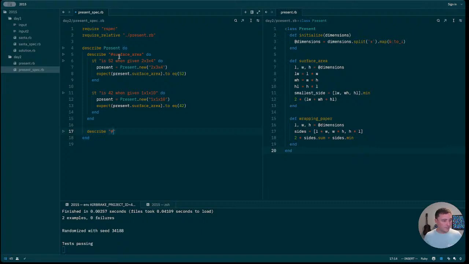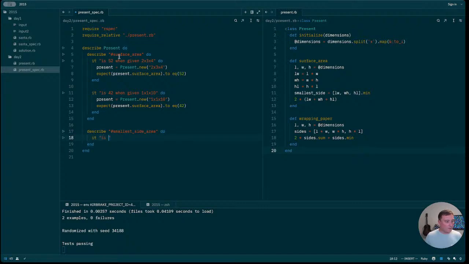Well, let's try to create that smallest side. Also need a little extra paper for each present, the area of the smallest side. Smallest side area.